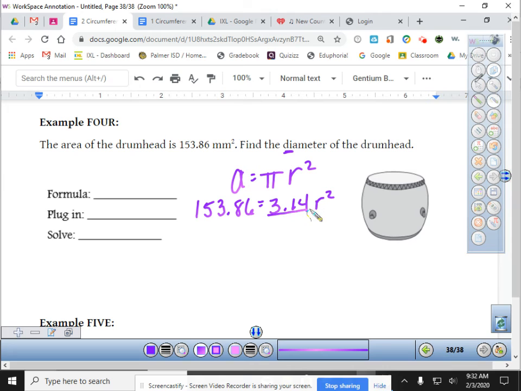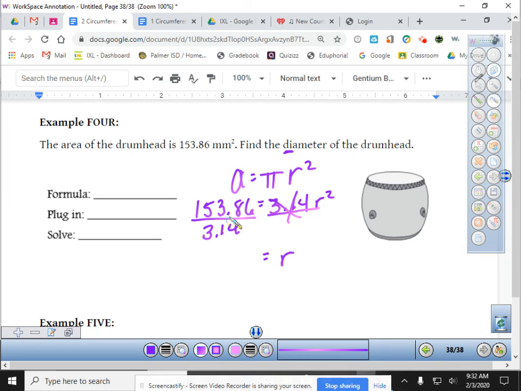And we gotta divide by what? 3.14. Y'all want me to do that? Yes. I'll do it in my calculator for you. 153.86.